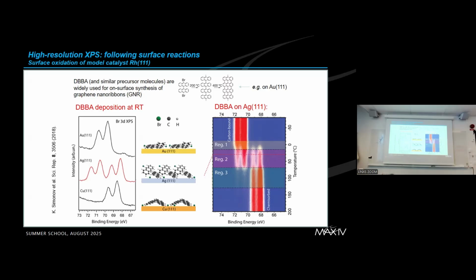What I would do, I would try to find in the literature some similar systems to understand what the Lorentzian width would be approximately for the system, because this is the first and very fundamental property of this specific core level in a specific system.